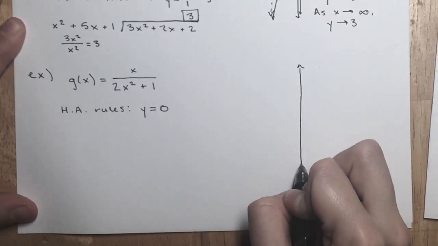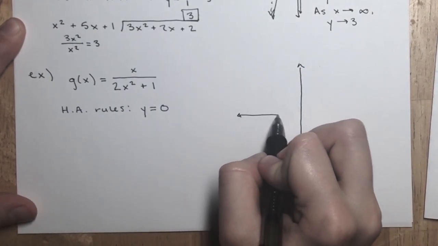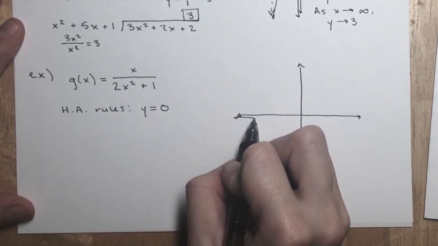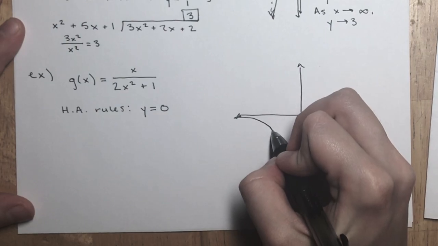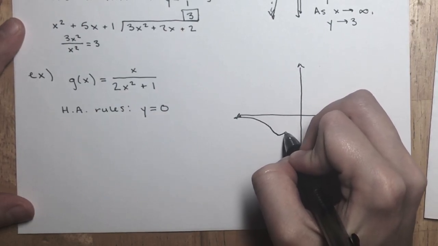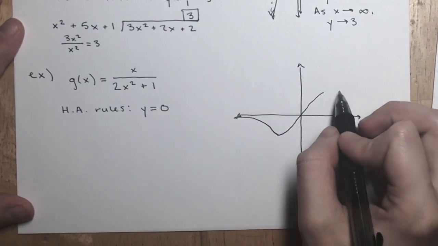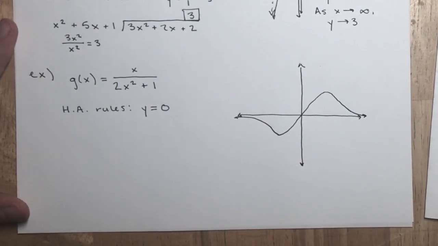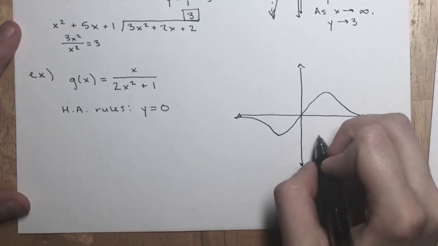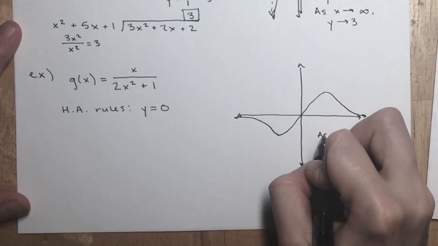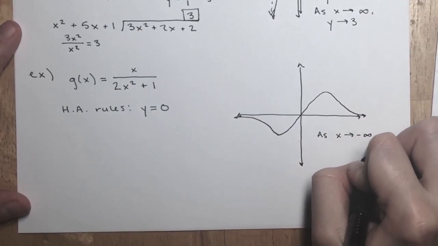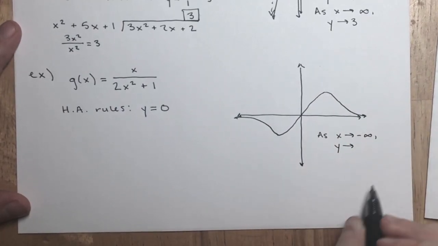This one's a little bit more simple than the last one. You don't have to take my word for it that it looks like this. You can totally go graph this in Desmos, and I would recommend doing so, just so that you can see for yourself what's going on. So what's up with the end behavior here? As x approaches negative infinity, y is approaching what?